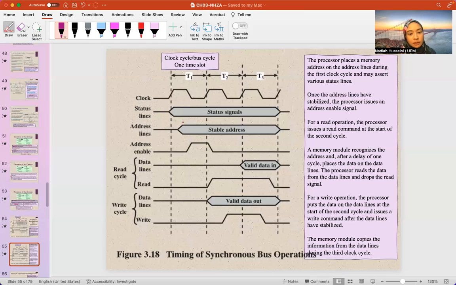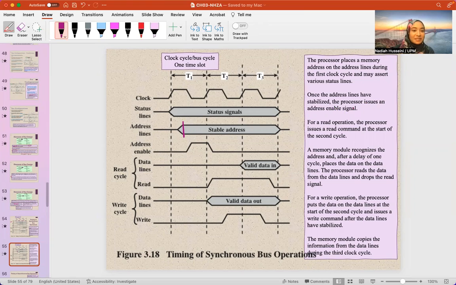How do you know if it's stable? This is when it starts to become stable, when it starts to have like a straight line. So when it is stable, the CPU enables the address. Once the address lines have stabilized, the processor issues an address enable signal.